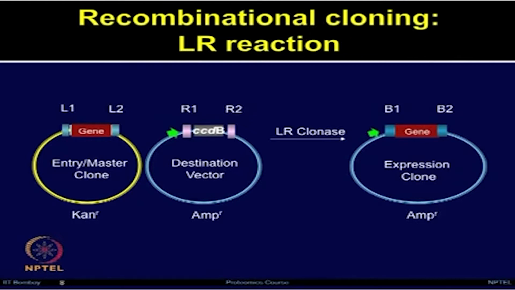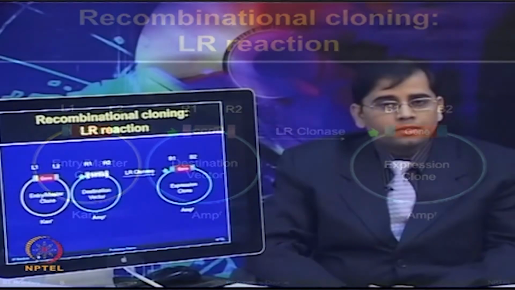As you can see in the slide, you have the entry clone or master clone which was selected on the kanamycin plate. Now, next you want to transfer that into the destination vector which contains another antibiotic gene, which is the ampicillin resistance gene. Now, the destination vector contains attR sites, attR1 and attR2.